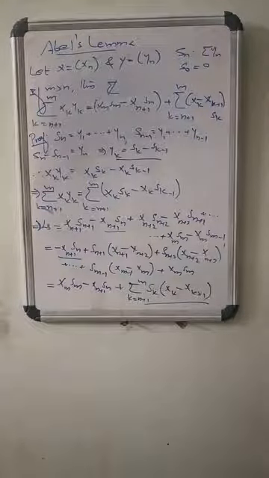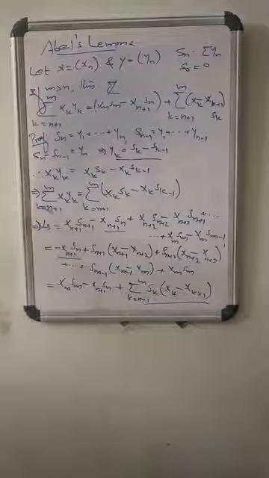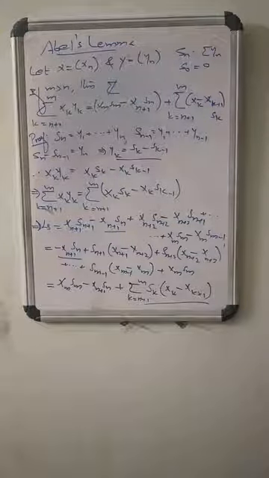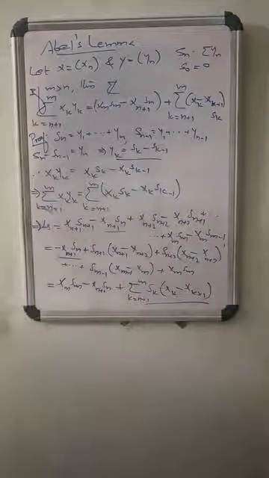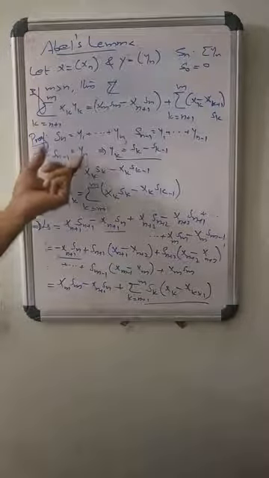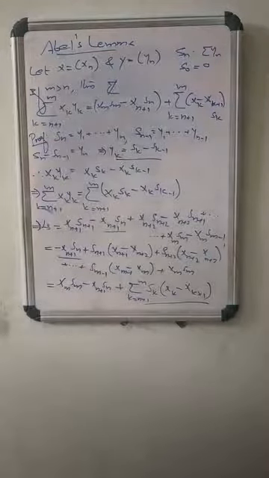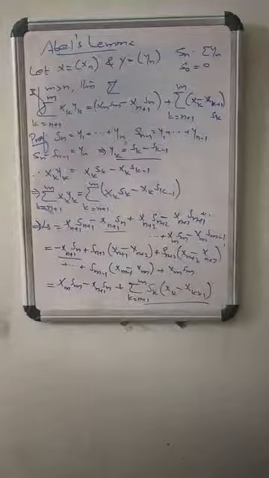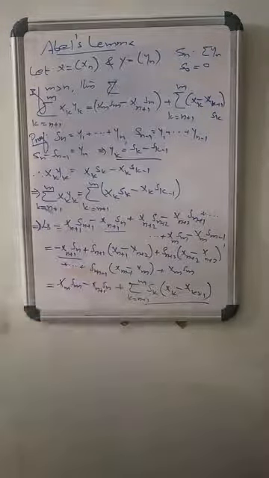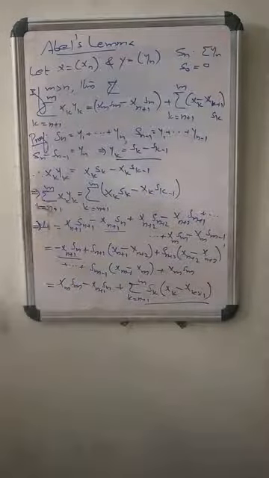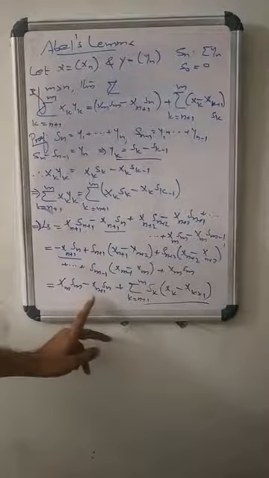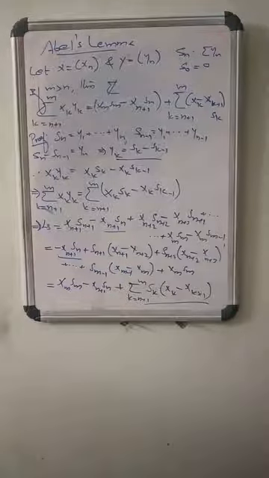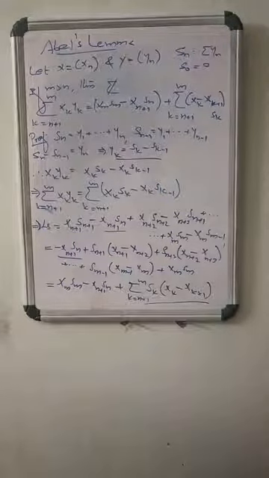That is, if X equals (xn) and Y equals (yn) are any two sequences of real numbers, and Sn is the nth partial sum of sigma yn with S0 equal to 0, then if m greater than n, sigma k ranges from n plus 1 to m of xk yk is nothing but xm sm minus xn plus 1 sn plus sigma k ranges from n plus 1 to m of sk into (xk minus xk plus 1). Here we use the nth partial sum of sigma yn: Sn is y1 plus etc. plus yn, Sn minus 1 is y1 plus etc. plus yn minus 1, so yn is Sn minus Sn minus 1. That means yk is sk minus sk minus 1. So take the product xk yk, then after taking the summation and some manipulations, we get this result.